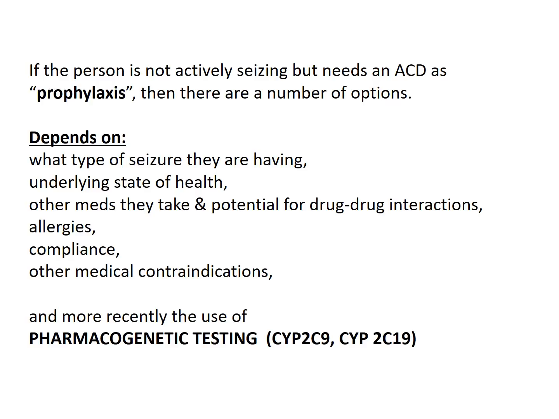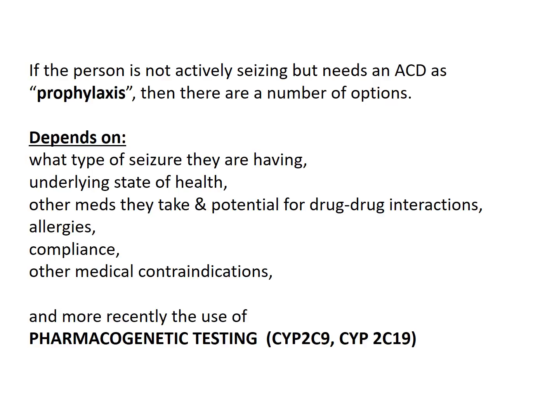So if a person is not actively seizing, we can give them an anticonvulsant drug for prophylaxis if it's indicated. Try to prevent further seizures or try to minimize the duration of a seizure if one occurs. How do they choose a drug?